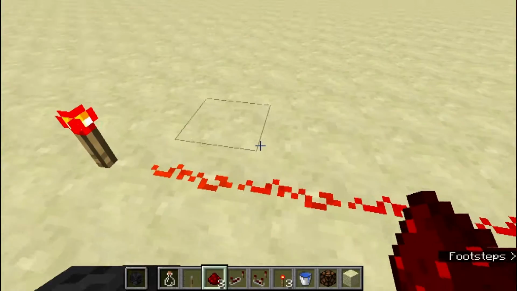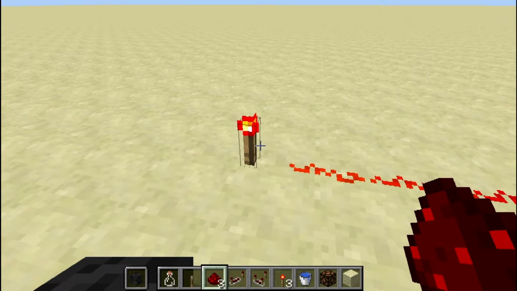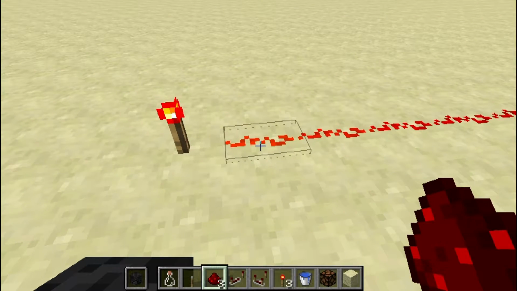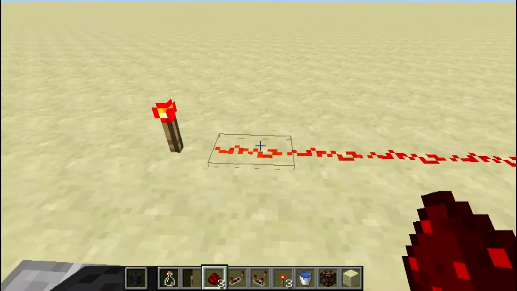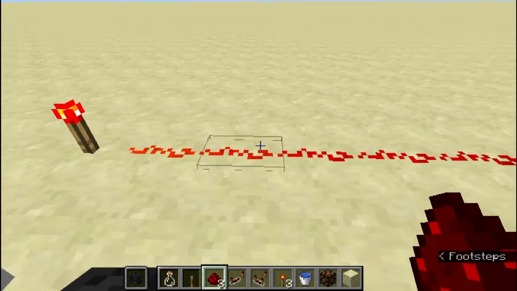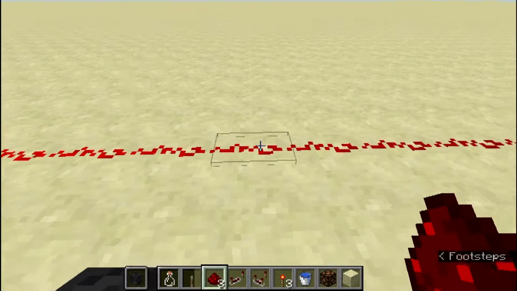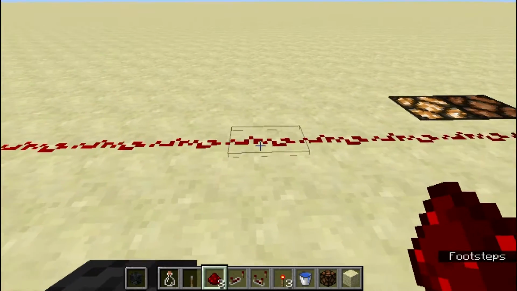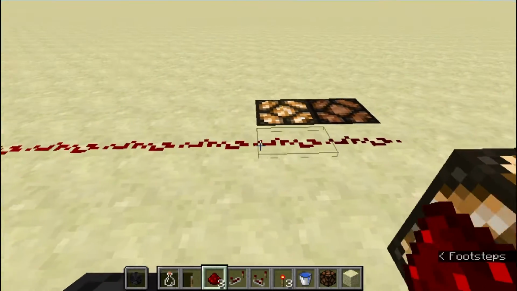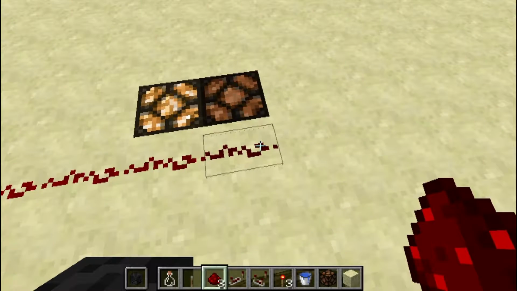This torch over here is currently at a power of 15, and the number 15 will be copied onto this RPL, or redstone, which thus becomes 15, 14, 13, 12, 11, 10, 9, 8, 7, 6, 5, 4, 3, 2, 1, and then 0. You can see from the side it's no longer being powered.